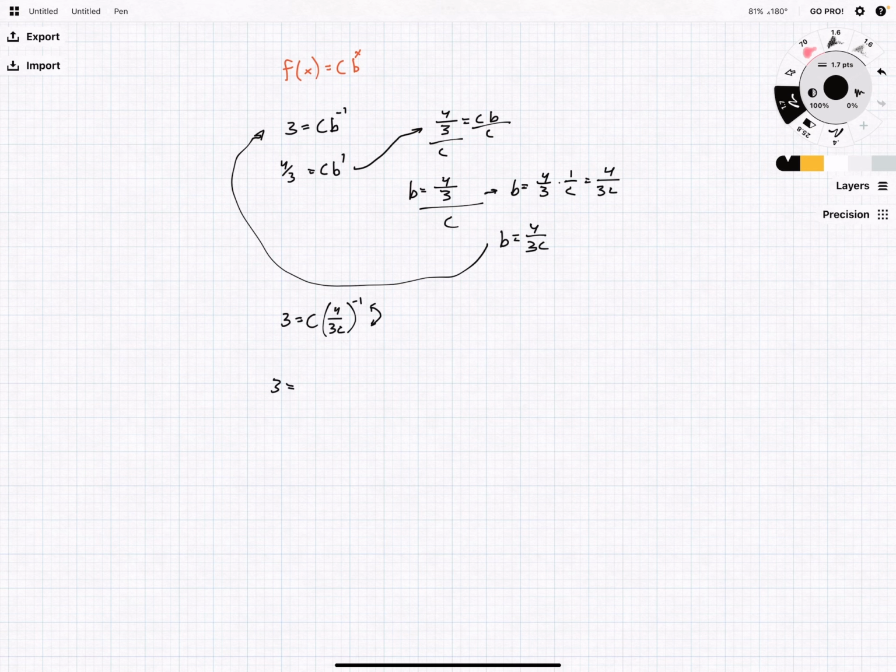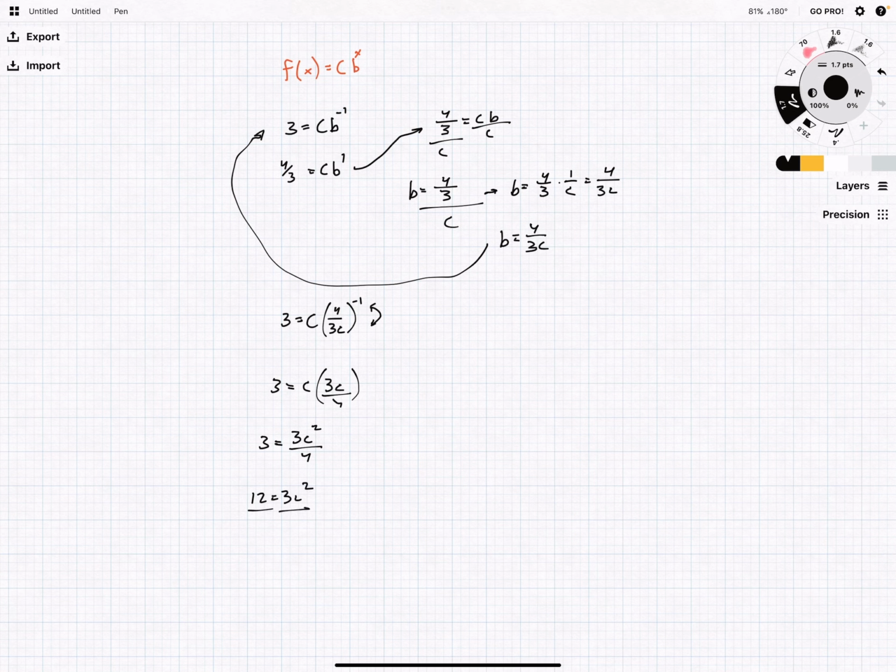So 3 equals c times 3c over 4. Okay, great. So 3 equals 3c squared over 4. Multiply both sides by 4, and we get 12 equals 3c squared.